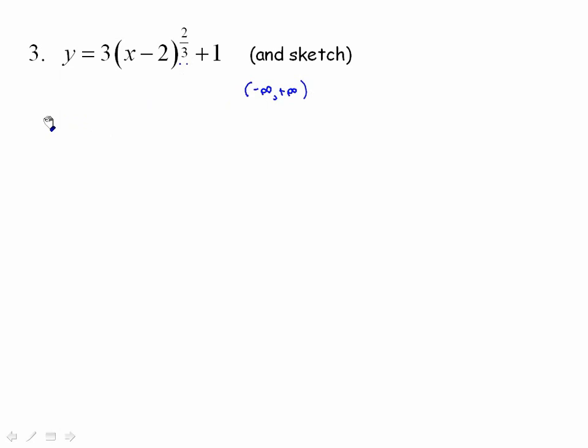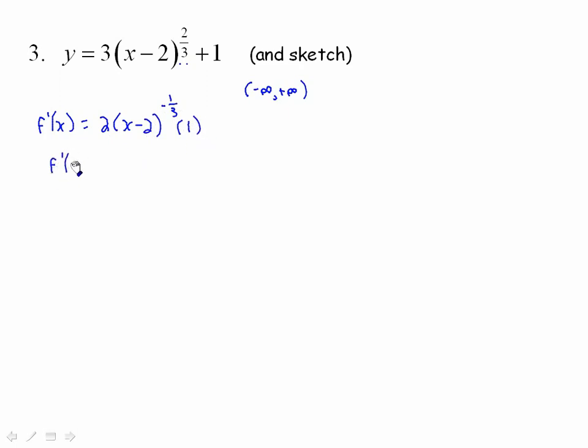So when we get the derivative, f prime at x, we use the chain rule on this. So 3 times 2/3 will give us 2 times (x minus 2), subtract 3 over 3 from 2/3, and you have negative 1/3, and then plus 0, and then multiplied by the derivative of the inner, of course.